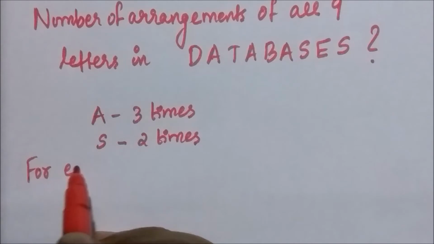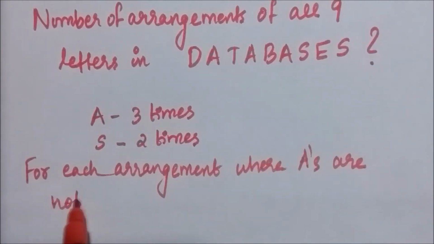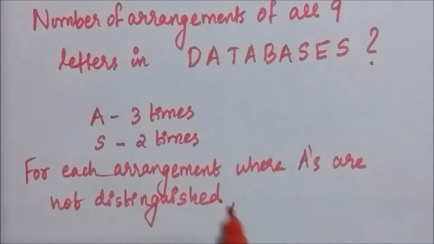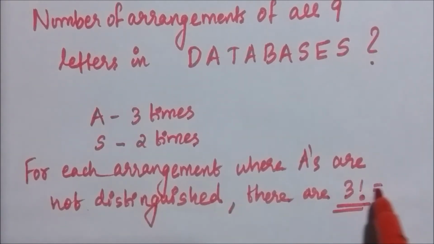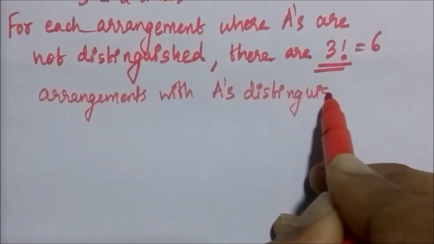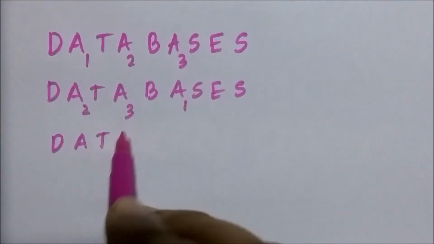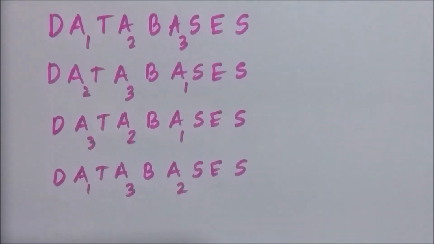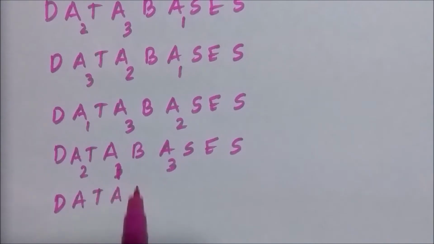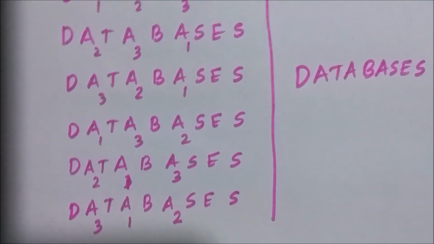Now for each arrangement where the A's are not distinguished, there are 3 factorial, which is 6 arrangements with A's distinguished. Let's see. For example, corresponding to the arrangement databases, we have these 6 arrangements where A's are distinguished. You can see that.